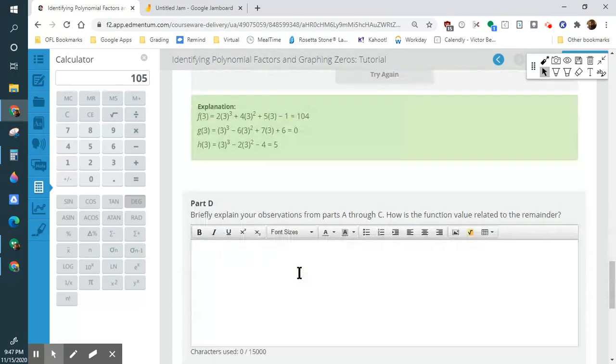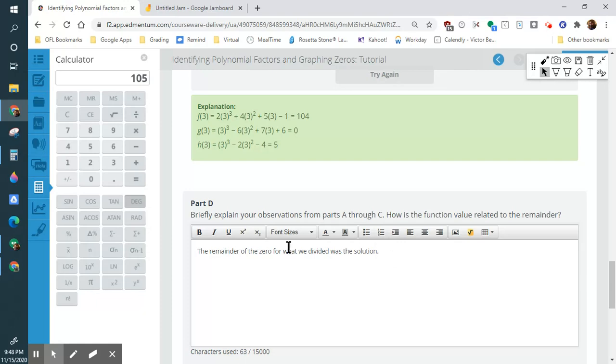So there you go. So briefly explain the observations you did with step A. The remainder of the solution to what we divided. Actually, the remainder of the 0 for what we divided was the solution.